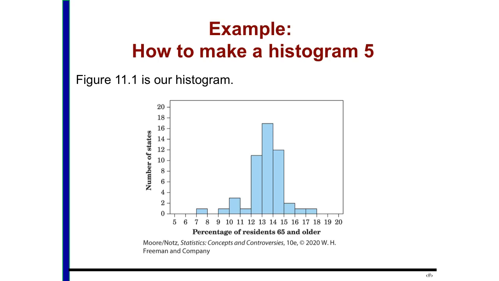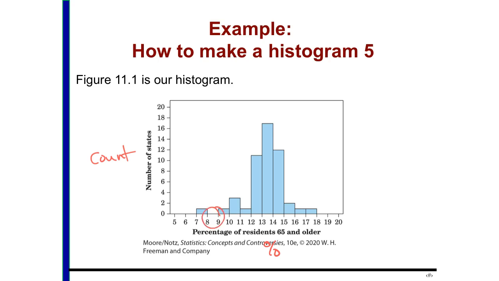So here it shows the histogram and kind of shows what I was talking about on the previous slide. Down at the bottom, you see that's where we have our percentage, and then we have our number of states, or the count that we found from the chart that we just did in step 2. You see all the bars are right on top of each other. There's no space between them except for the space between 8 and 9.